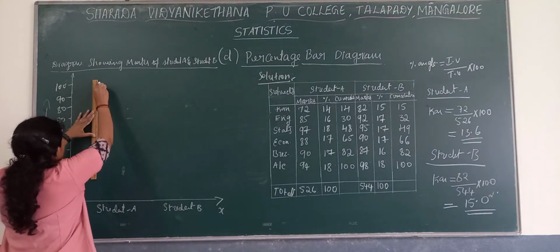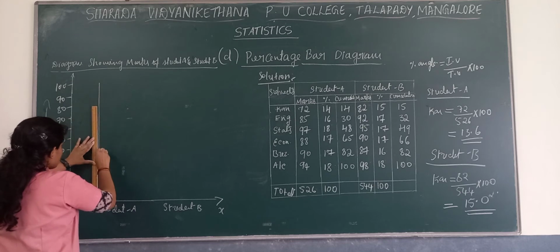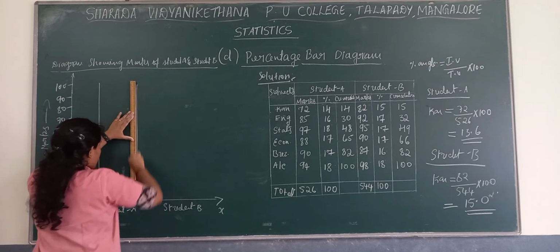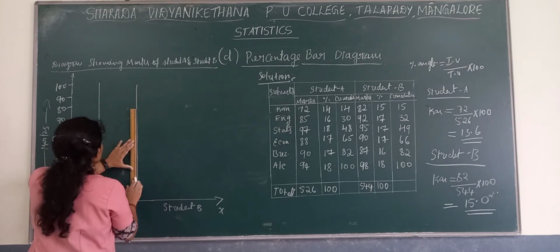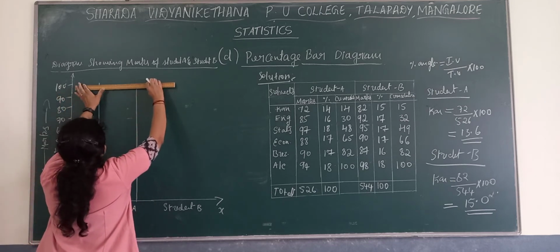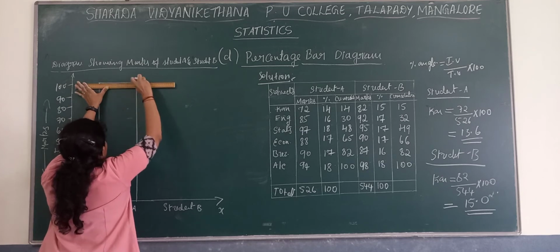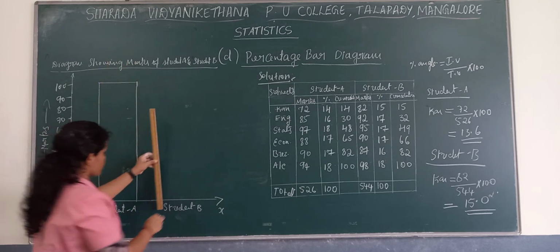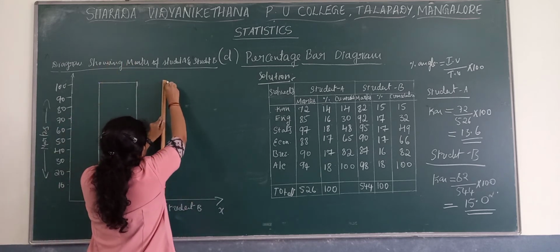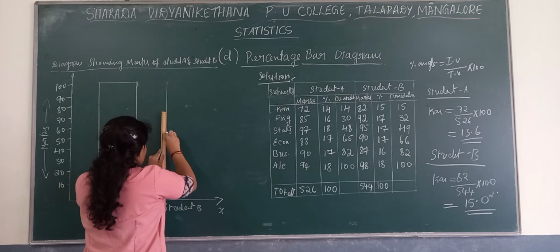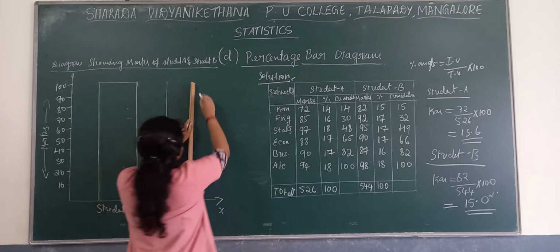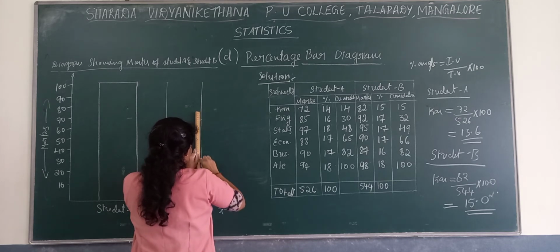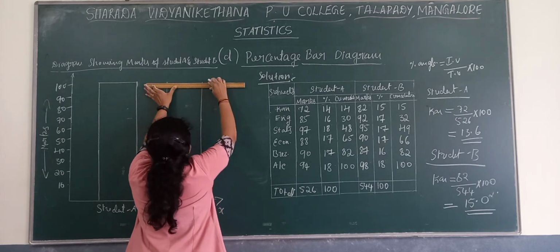Now the first one for student A, length should be always 100. This is for student A, and next one is for student B. The bars always total, the length should be 100.